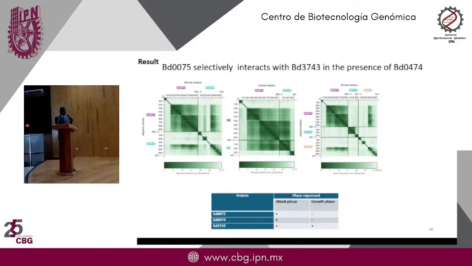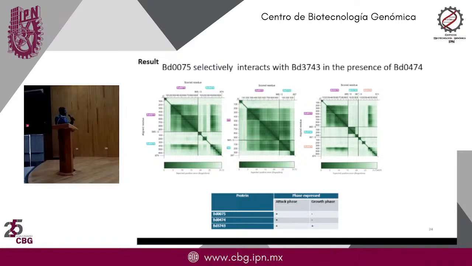And what that could imply is that the preference for 474 in the presence of 37, which is also present in the attack phase, is this: in the attack phase, all 3 are present, but only these 2 are binding. 474 is preferentially interacting with 75.